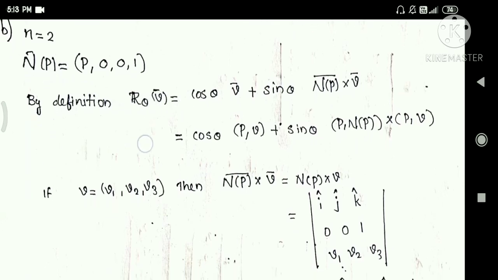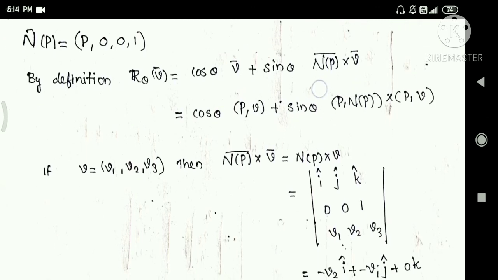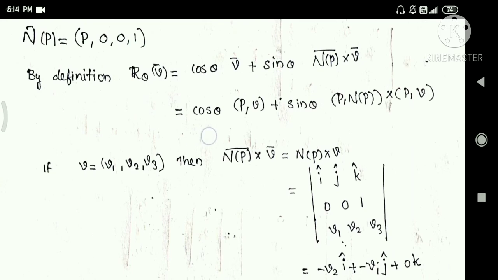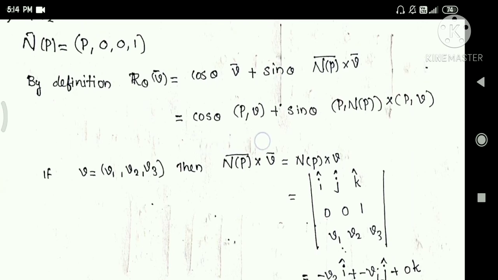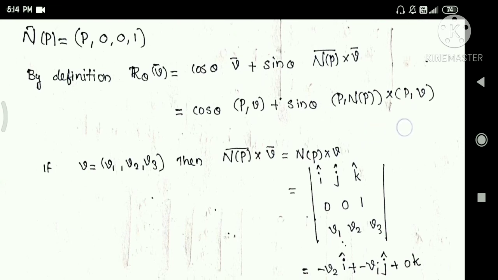By definition, r theta of v, that is positive theta rotation, is equal to cos theta v plus sin theta into n of p cross v, and it is equal to cos theta pv plus sin theta into p n of p cross pv.